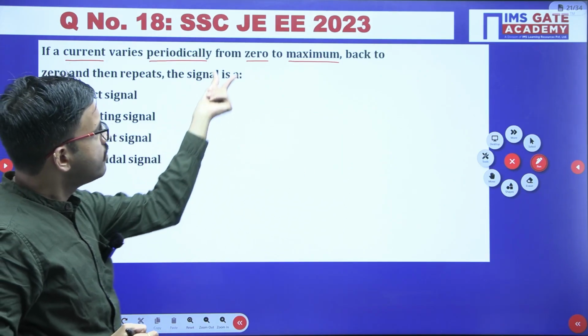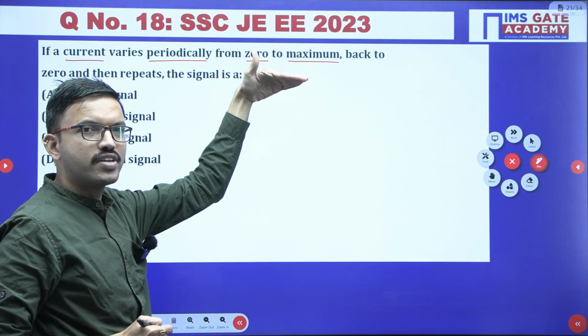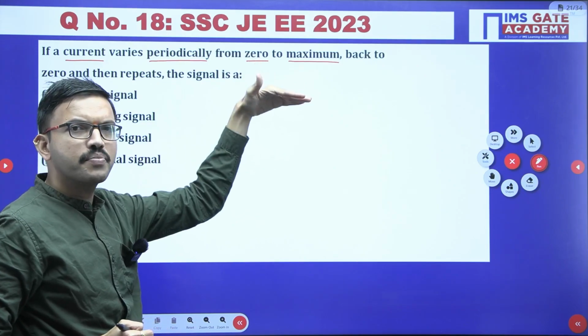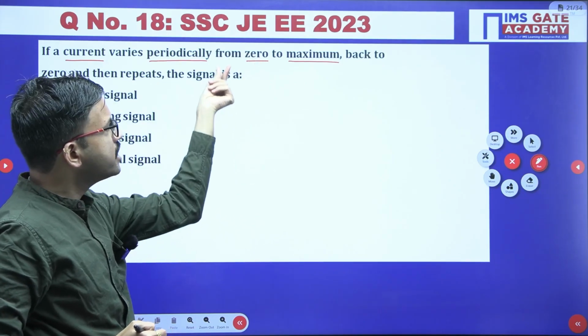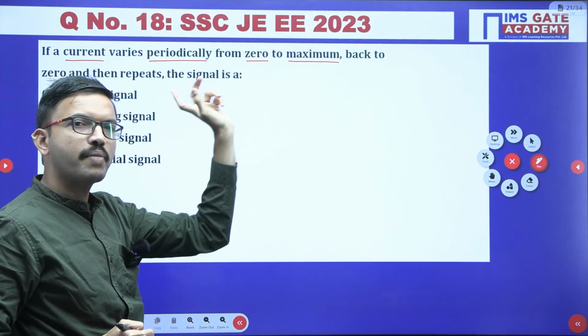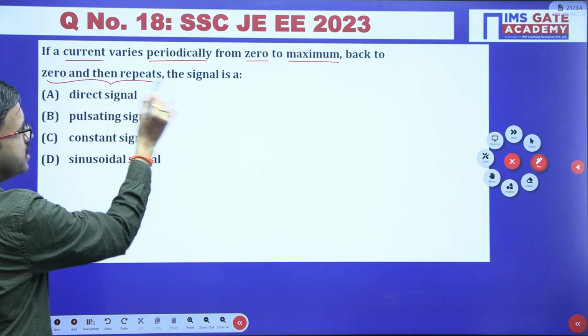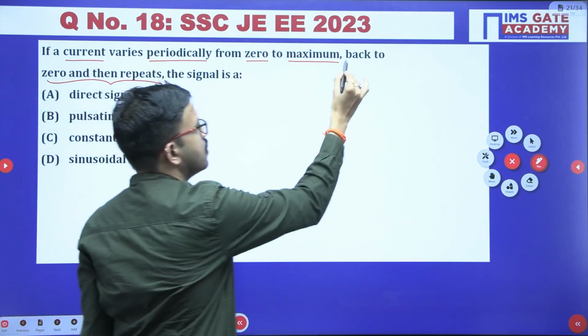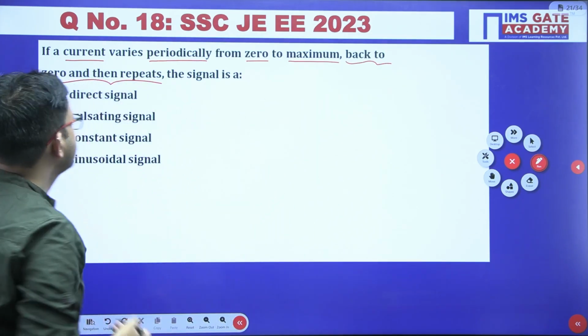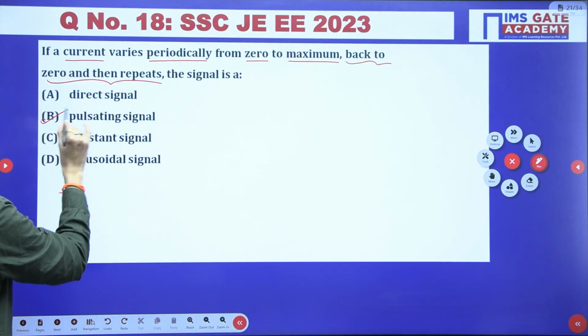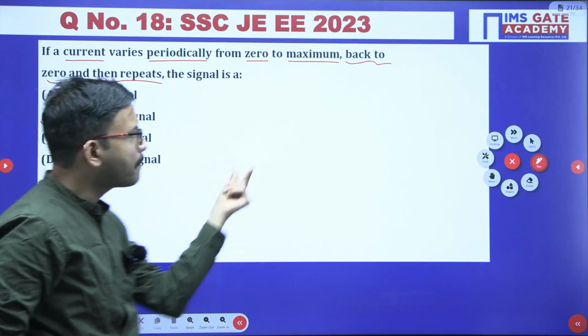In one interval you have 0, in another interval you have a maximum value, like 5 ampere, 12 ampere. Another interval 0, another interval once again maximum, and it keeps repeating. Whenever you have this, that is nothing but a pulsating signal. Yes or no? You are getting pulses.